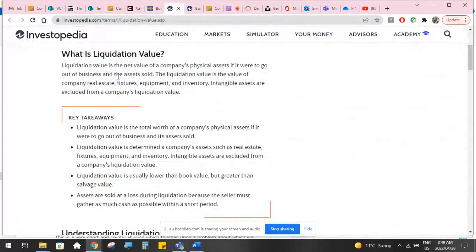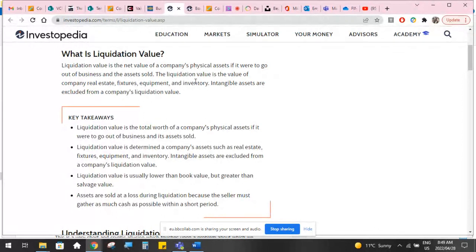So the liquidation value is the net value of a company's physical assets. So net value means the value of the assets minus the liabilities that we have to pay if it were to go out of business and all of the assets were sold.